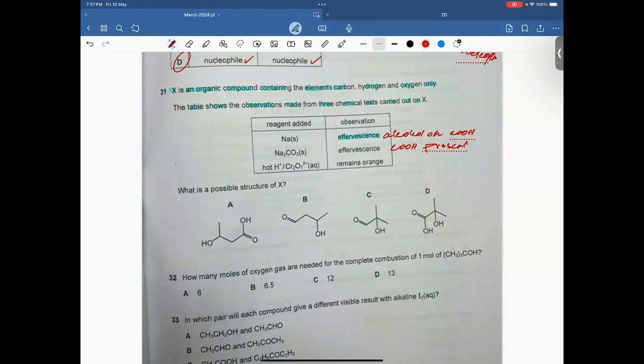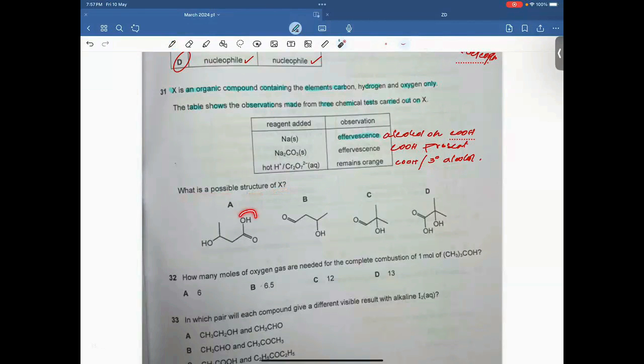Hot acidified potassium dichromate(VI) remains orange. Either it is carboxylic acid or 3 degree alcohol, because tertiary alcohol cannot oxidize. What is the possible structure of X?